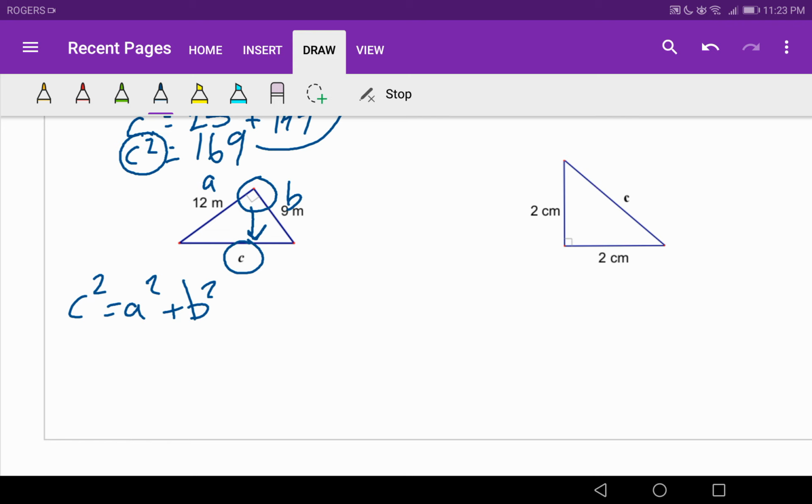So here's C. C squared equals 12 squared plus 9 squared. So C squared is equal to 12 squared, which is 144. That's 12 times 12 on your calculator. Plus 9 squared is 9 times 9, which is 81.